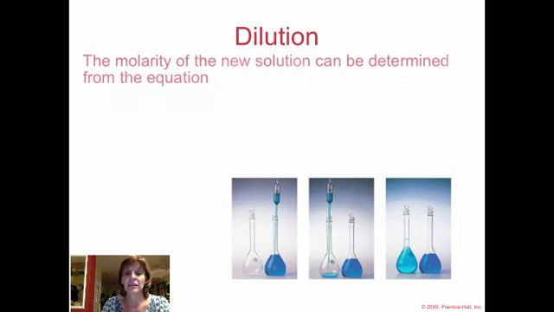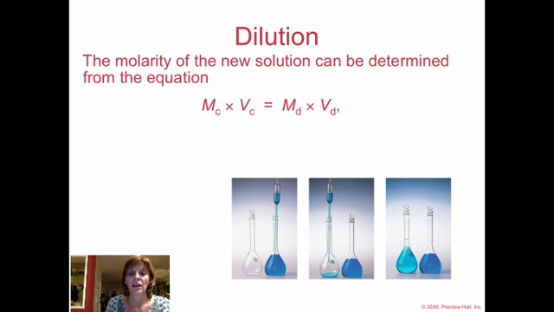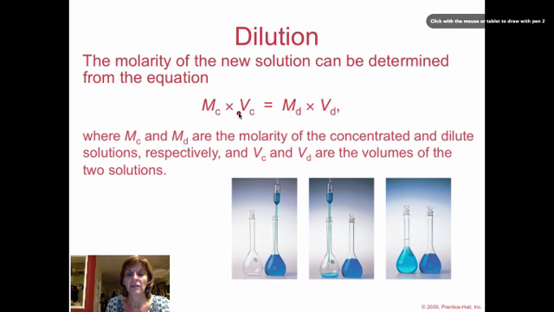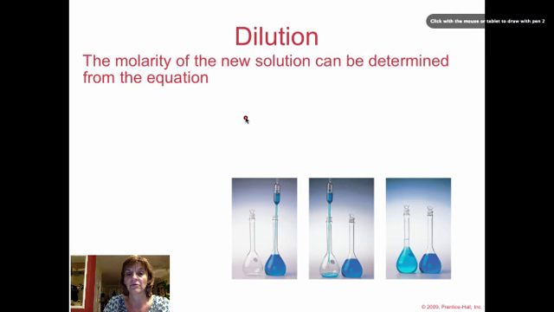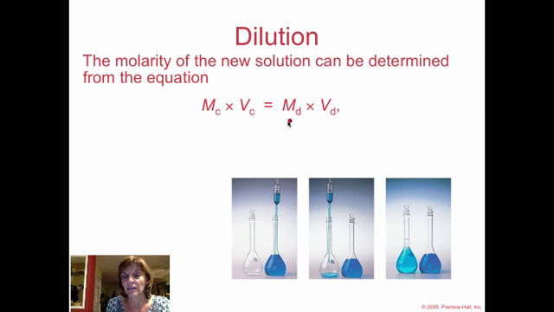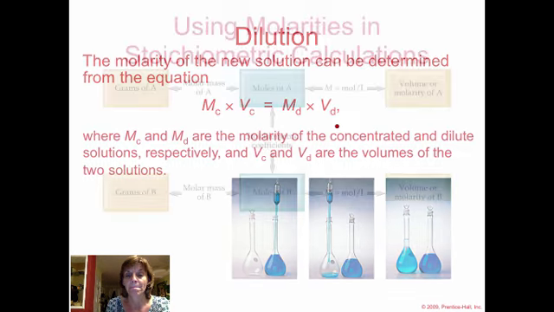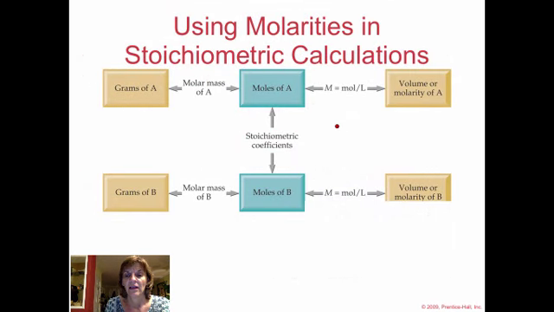This is figured out quantitatively by the following equation. The molarity of the concentrated solution times the volume of the concentrated solution equals the molarity of the dilute solution times the volume of the dilute solution. So you can see that on this diagram.